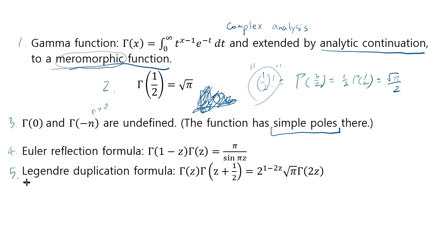And there are some other nice formulas, much more than this, and all of the proofs for these require complex analysis. Now let me try to explain what I mean by this being undefined by showing you the graph.